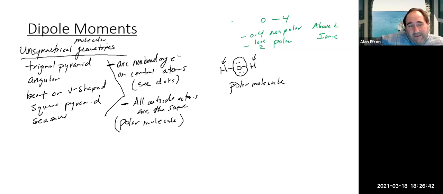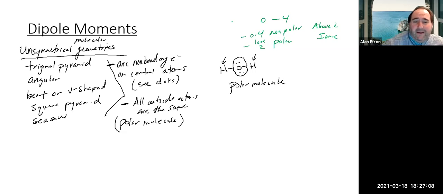If you don't have the same elements on the outside, you should look at what those elements are and the electronegativity differences. But probably most of the time it will still be polar, but you should definitely look at it to see there's no weird situation happening. But most of the time it should definitely be polar. So that is our unsymmetrical geometries.